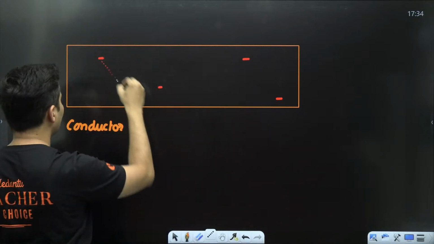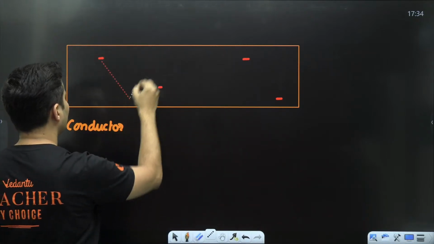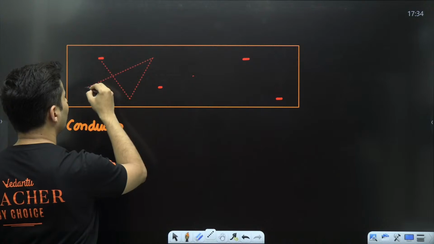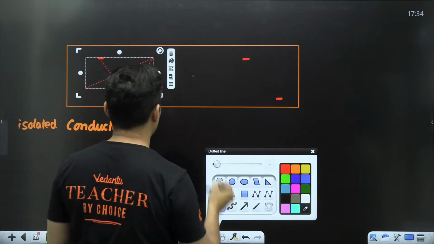These electrons will keep moving randomly here and there. Once this moves here, then it will move here, maybe then here. I don't know, somewhere or the other.